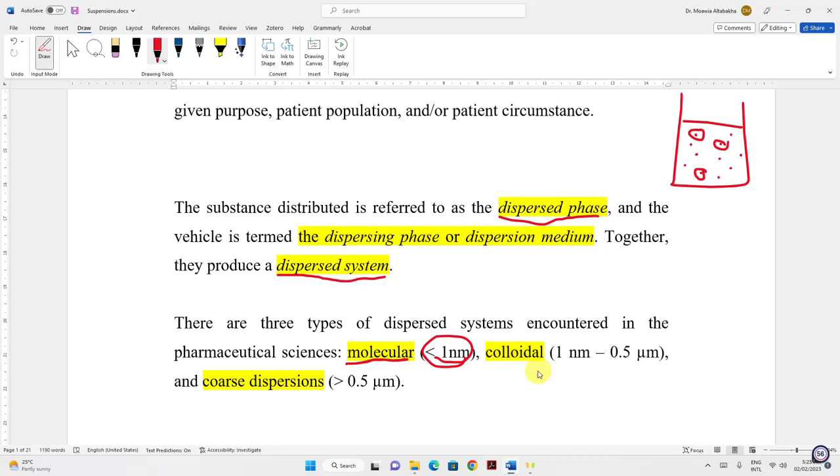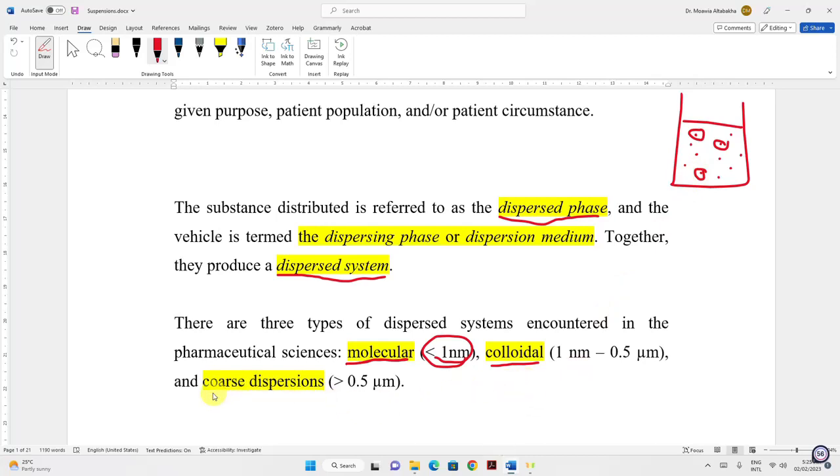As you know, polymers are very large molecules and they can form colloidal dispersions, and sometimes they are considered a solution and at the same time a colloidal preparation. So there is some kind of overlap between the molecular and colloidal dispersed systems, but the particle size is the one that divides these preparations.